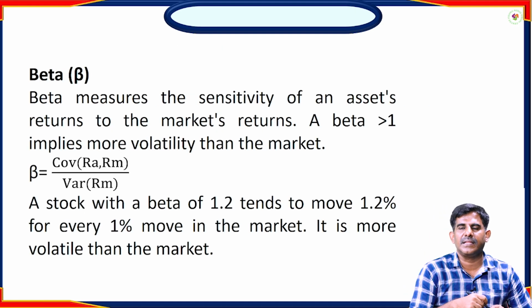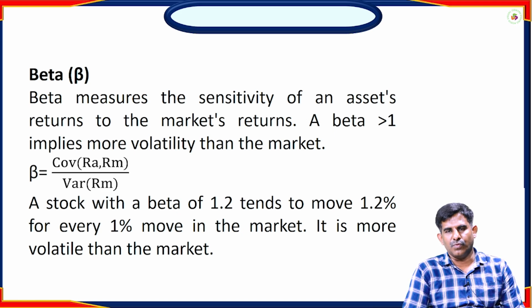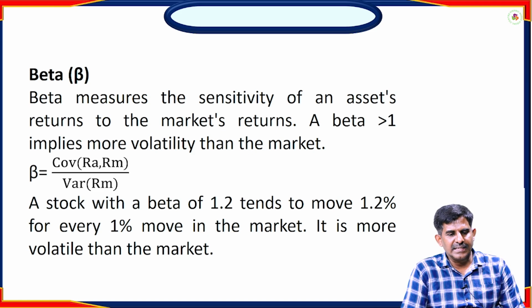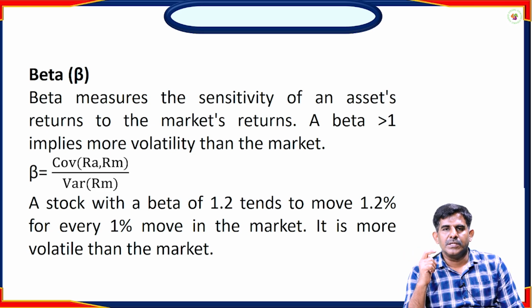Now, beta is another important metric which talks about how volatile a particular stock is with respect to the market portfolio. Beta measures the sensitivity of an asset's return to the market returns. How sensitive the individual stock's returns are with respect to the market returns will be given by the beta. A beta of more than 1 implies more volatility than the market.